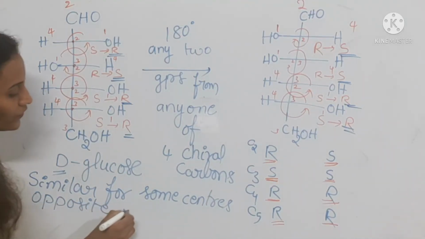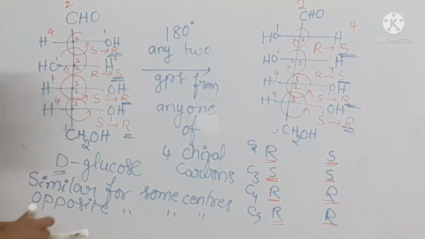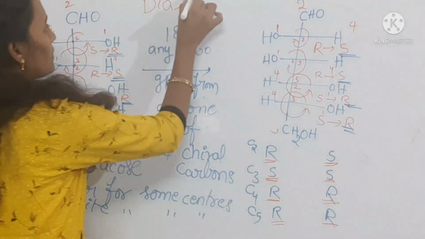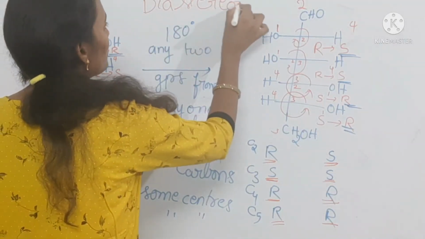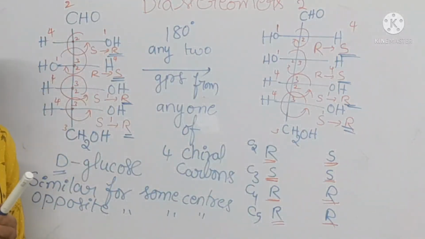Those isomers are nothing but diastereomers. So, what is the conclusion here, students?